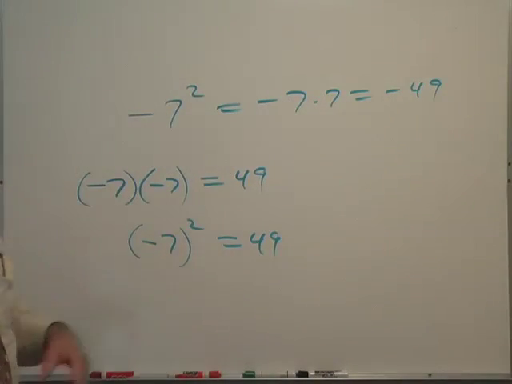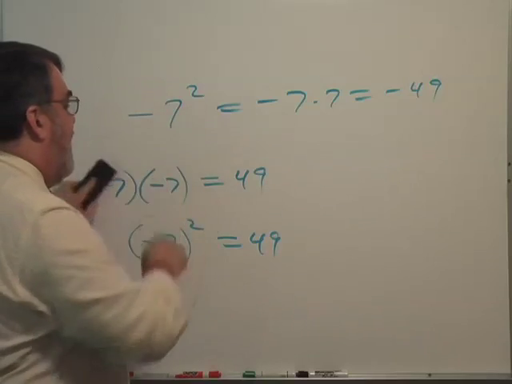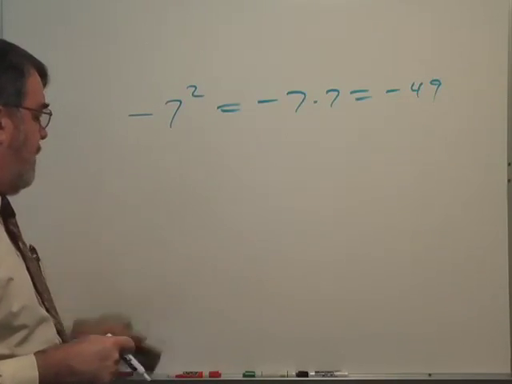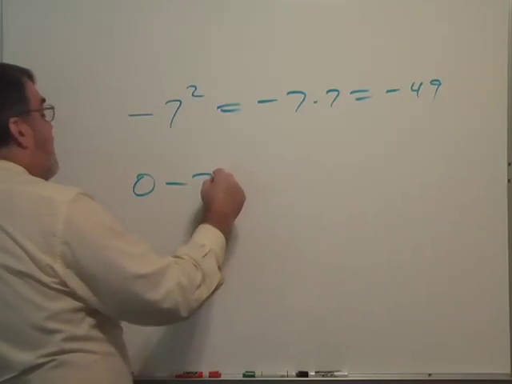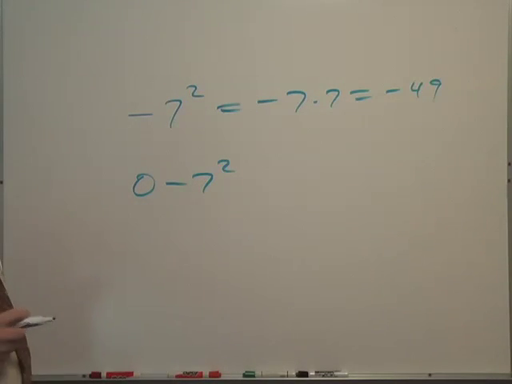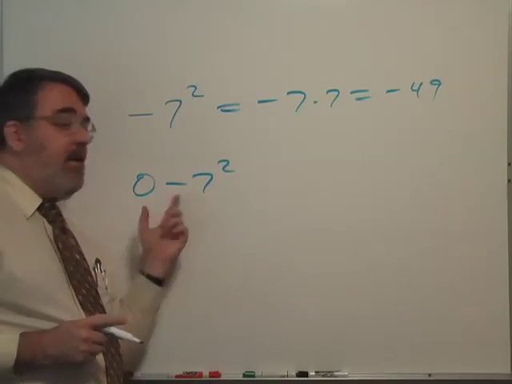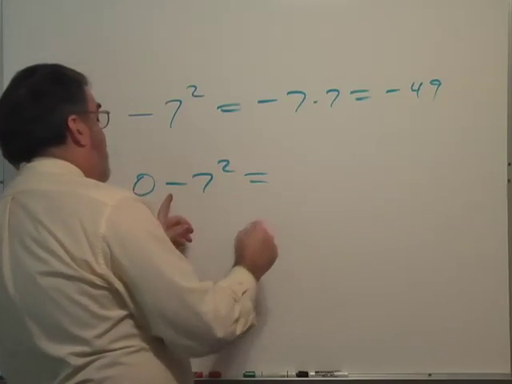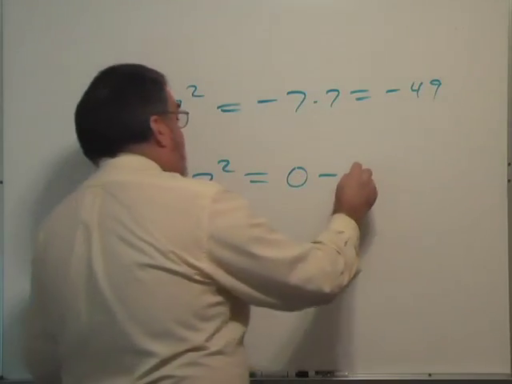So let me offer you some more persuasion on why this one has to be negative 49. How would you handle this problem? 0 minus 7 squared. Well, the order of operations says that we're supposed to do the exponents before we subtract. So we're supposed to work the exponent. 7 squared is 49.